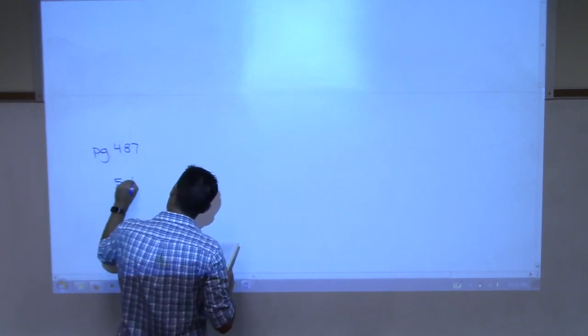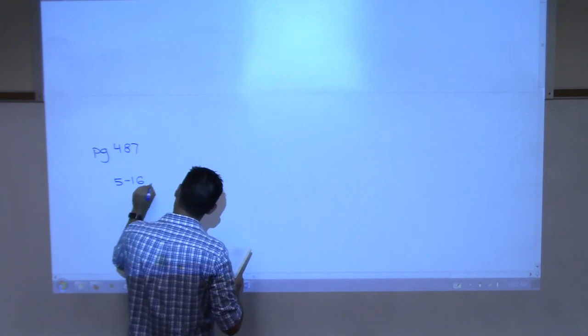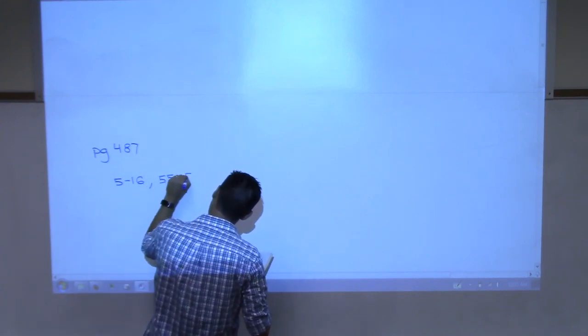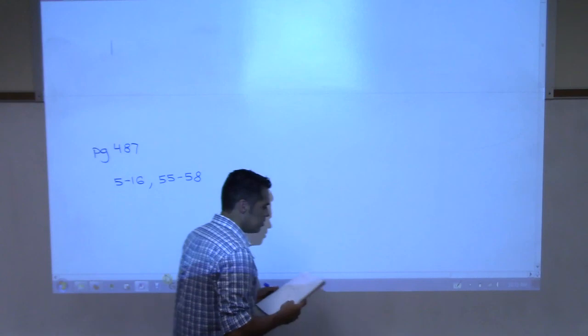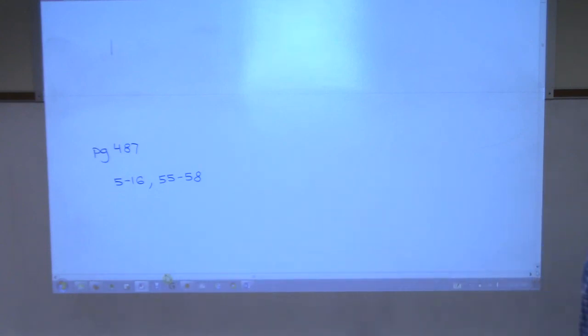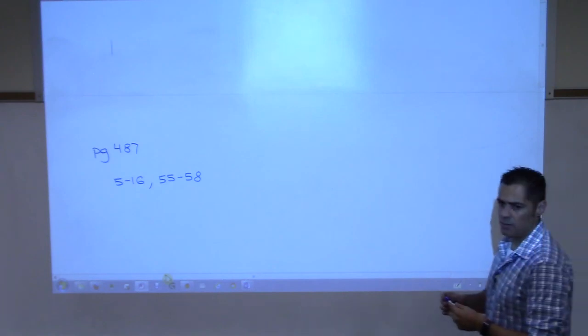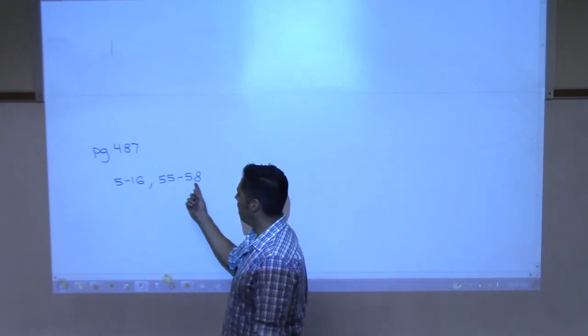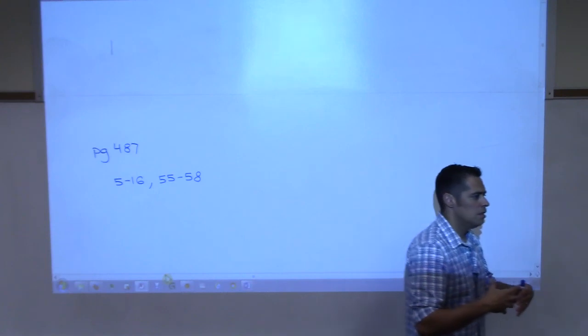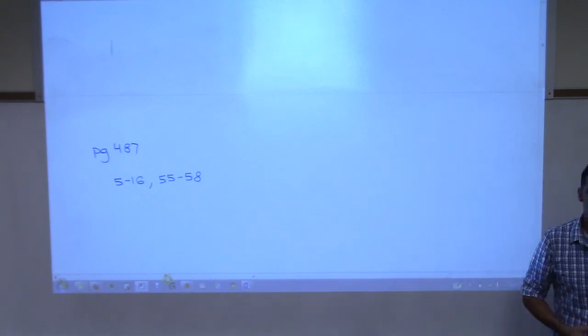Five through 16, and then 55 through 58. So 5 through 16 is practicing getting a Taylor series or Maclaurin series, it'll tell you. And then 55 through 58 is multiplication or division of power series.